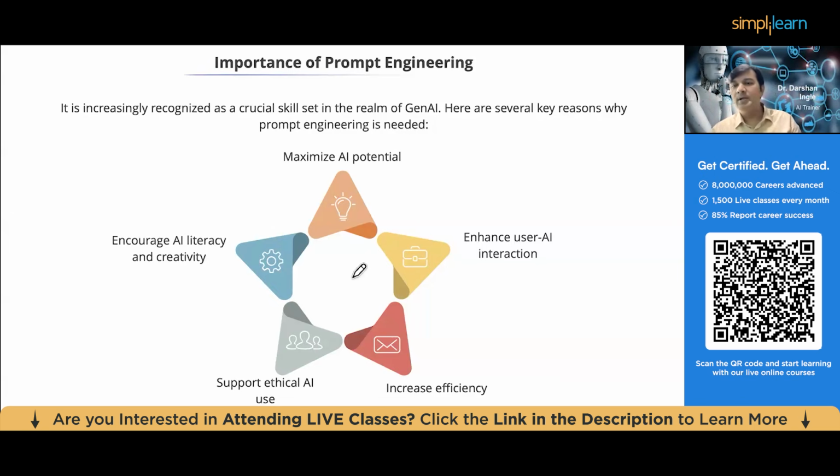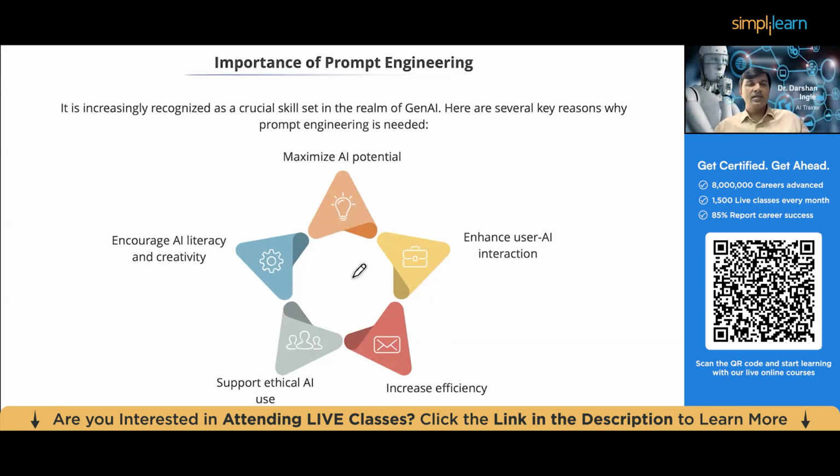For example, in marketing, a precise prompt can generate 10 targeted campaign ideas in seconds instead of 10 irrelevant slogans. Next, the second one, enhance user-AI interaction. Prompts make interaction natural, almost conversational.